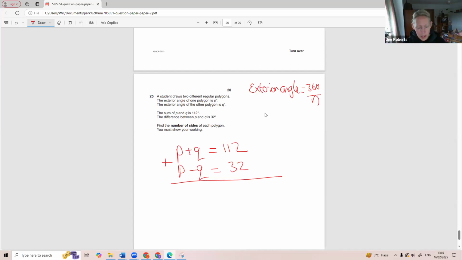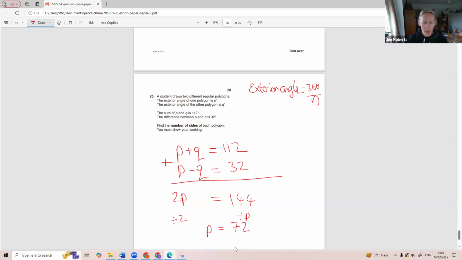Okay, so what is P? 1P add 1P is just 2P. Q, add negative Q, disappears. 112 add 32, 144. Okay, divide both sides by 2 now to isolate our P. So 1P is 72.